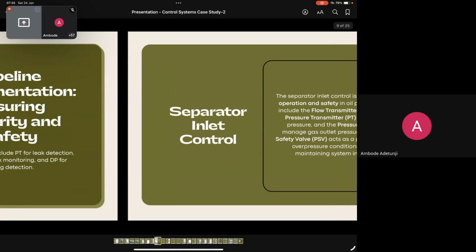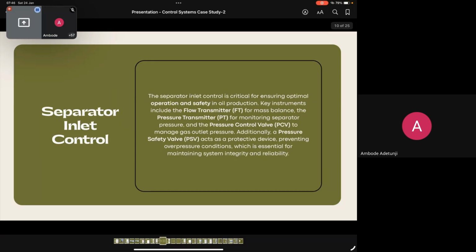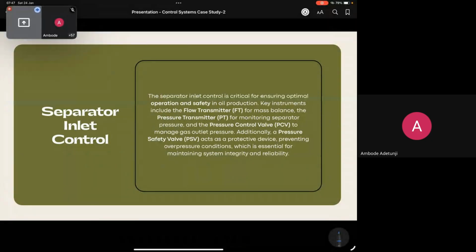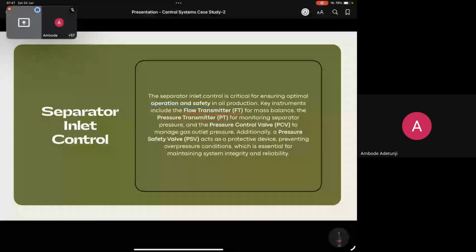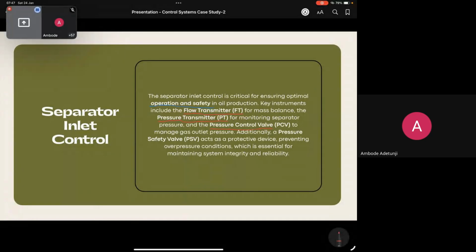Yeah, let's continue. So then the separator inlet. The separator inlet control is critical for ensuring optimal operation and safety in oil production. The key instruments include the flow transmitter for mass balance, the pressure transmitter for monitoring the separator pressure, and then the PCV, pressure control valve.